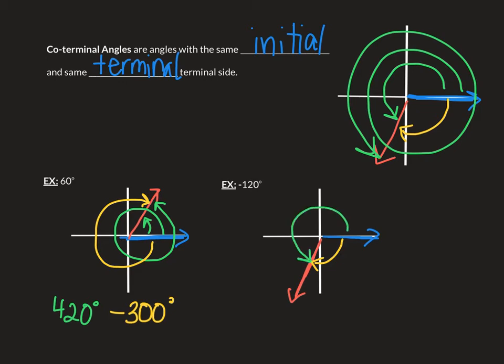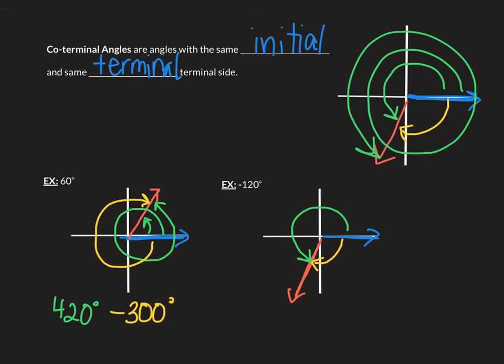So how many degrees is this? If the negative is negative 120, positive would be more than 180, but less than 270. Well, that's going to give me 240 degrees. Why? Because 240 plus a positive 120 would give me a full circle, a full rotation.